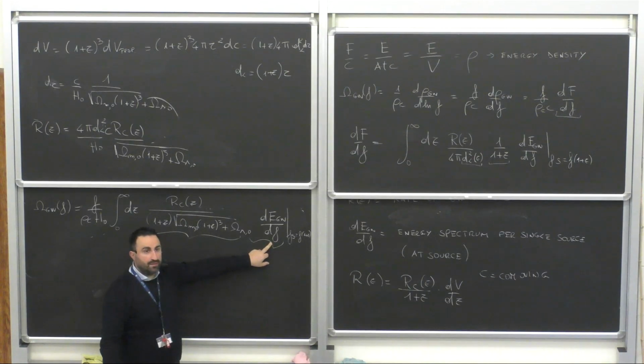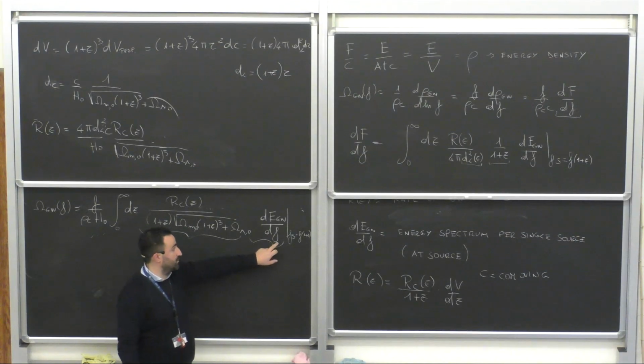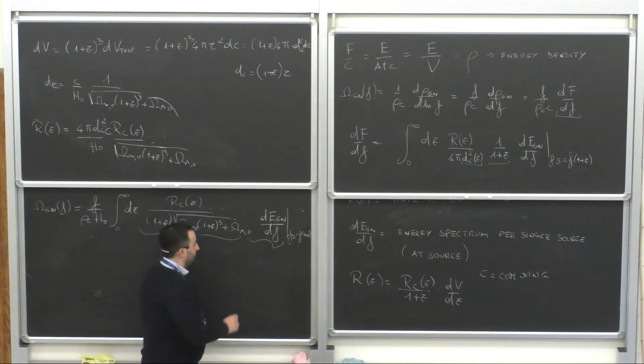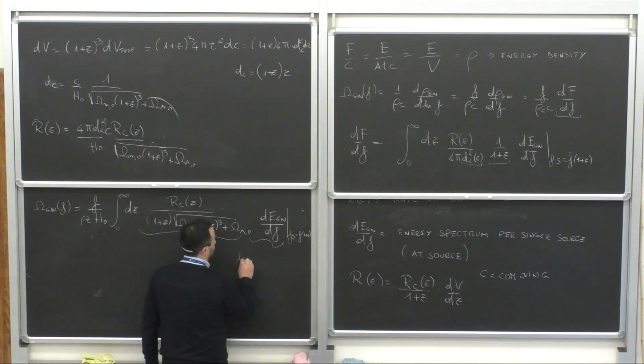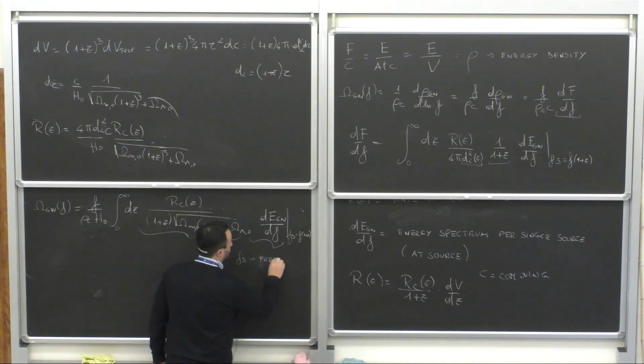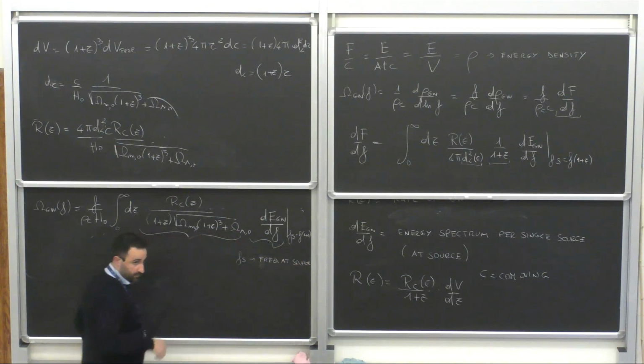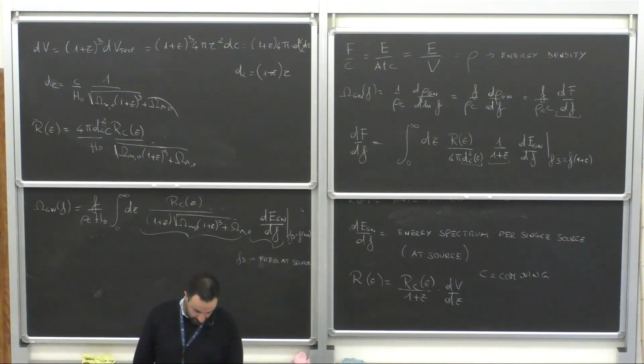So, and you integrate over all the sources, the energy flux from all the single sources, okay? So when I write Fs, this is the frequency at the source, while when I write f, this is the frequency at the detector here. Okay, so you need to take into account the redshift.